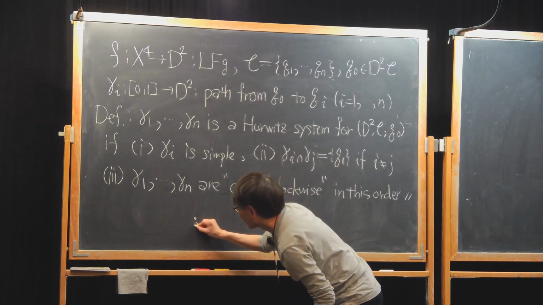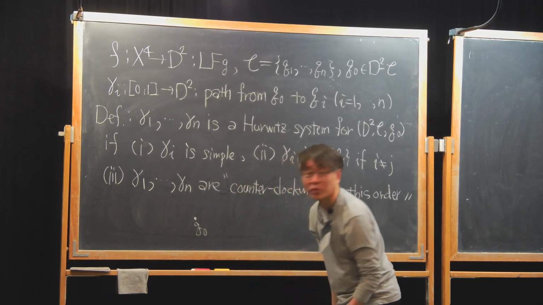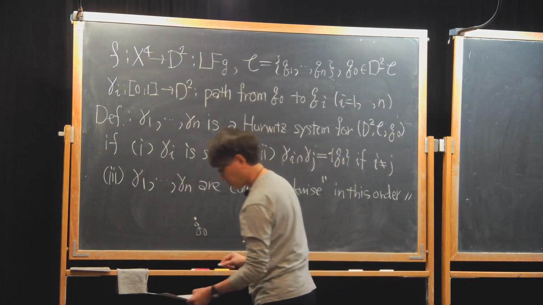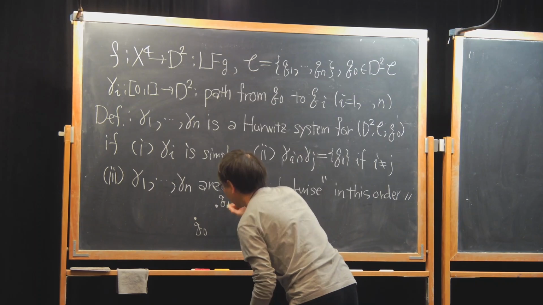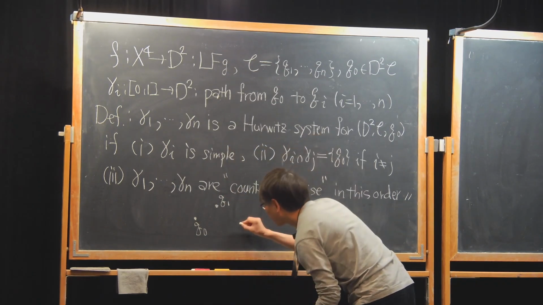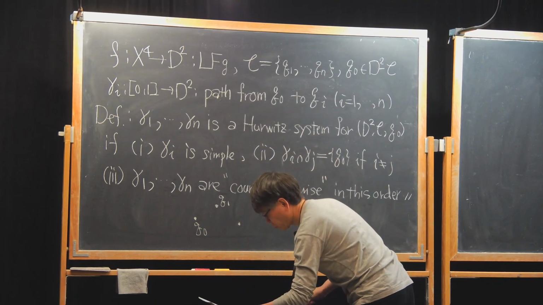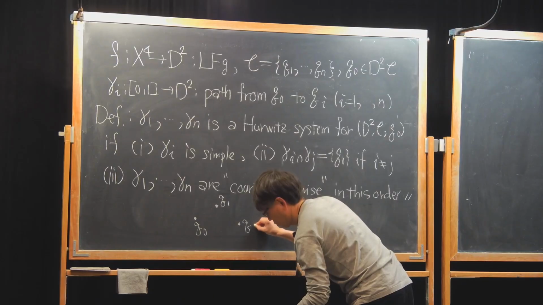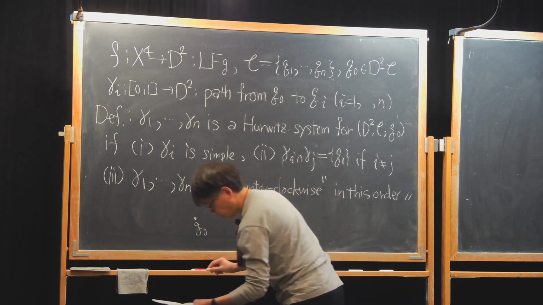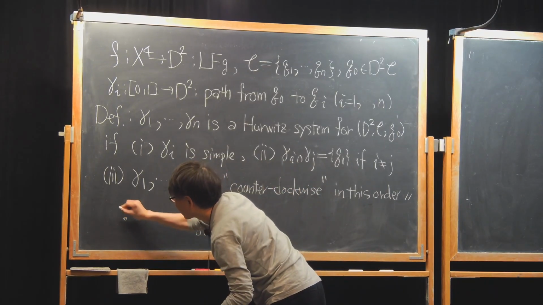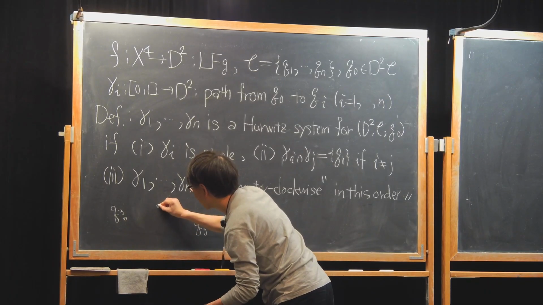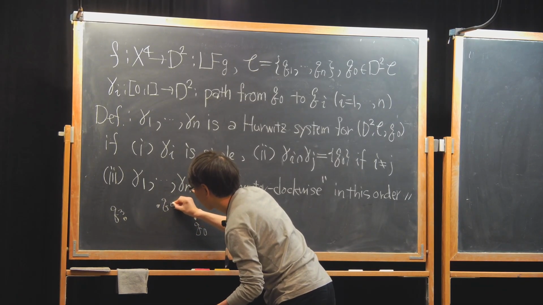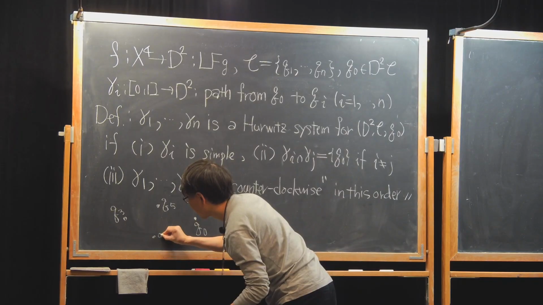This is a base point Q0, and there are finitely many critical values, Q1, Q2, Q3 here, and Q5, Q4.